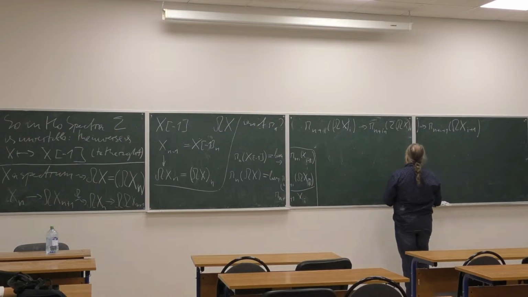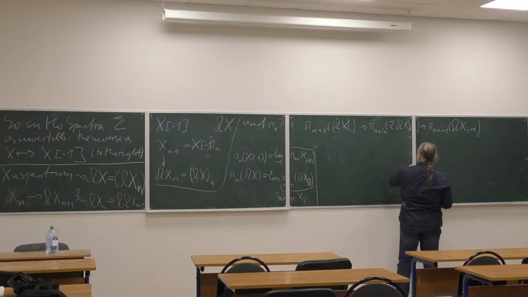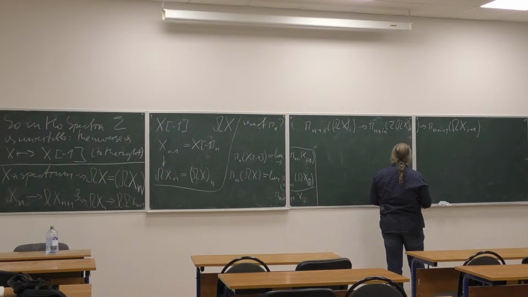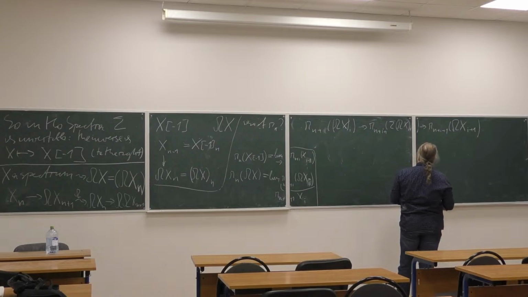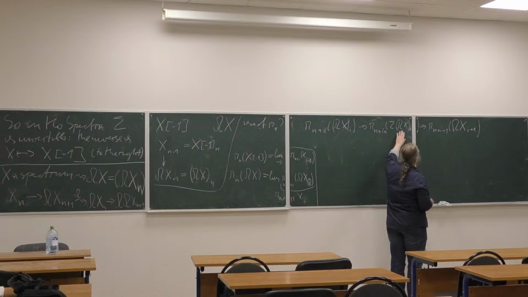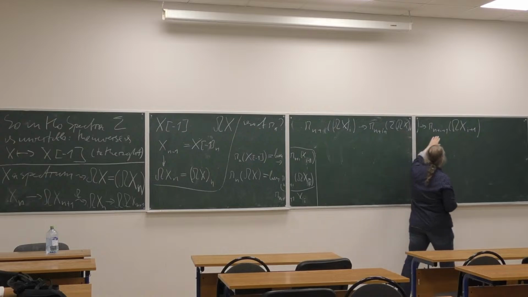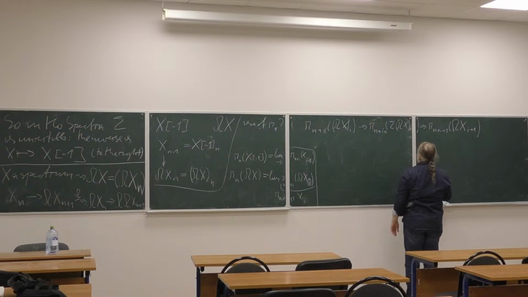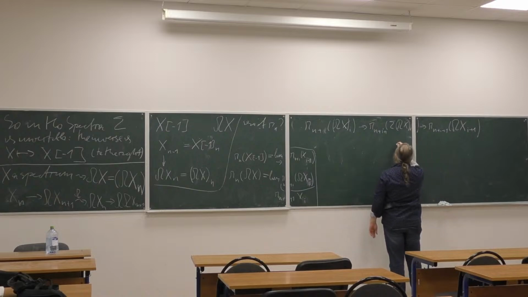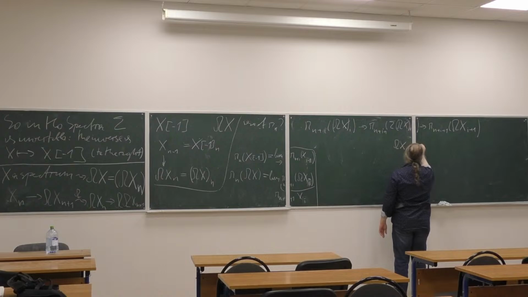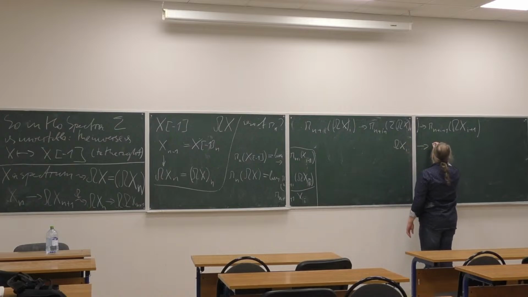Okay, so here I have a map, so this is a map which corresponds by adjunction to the map omega x i to omega x i plus 1.